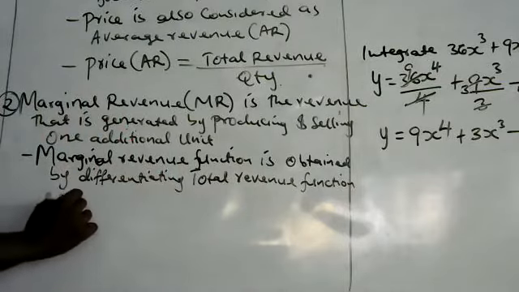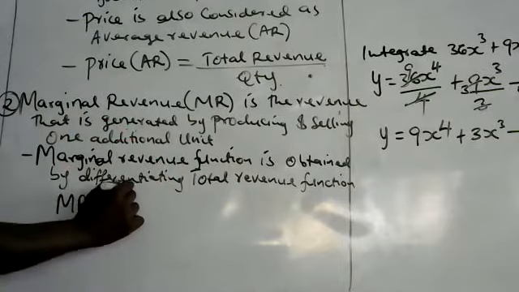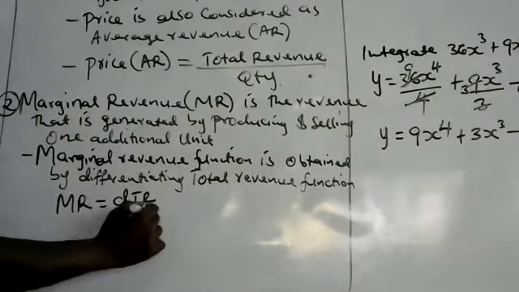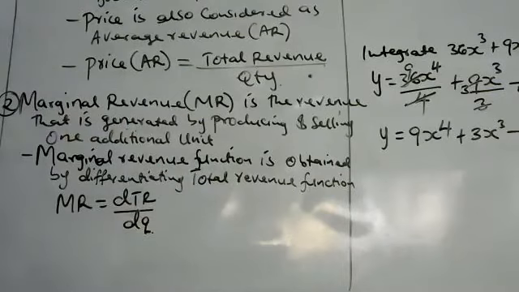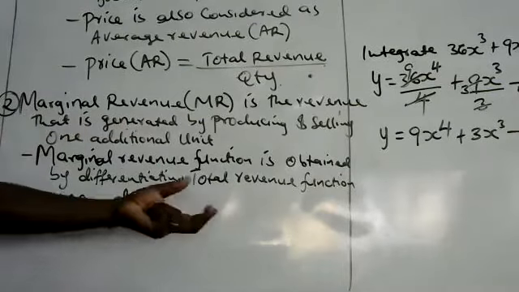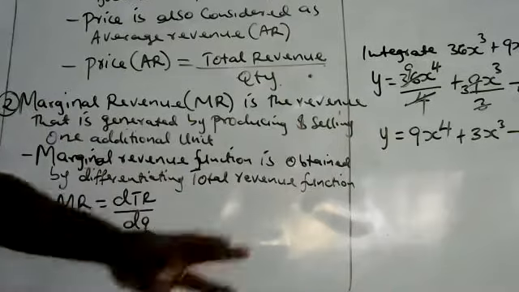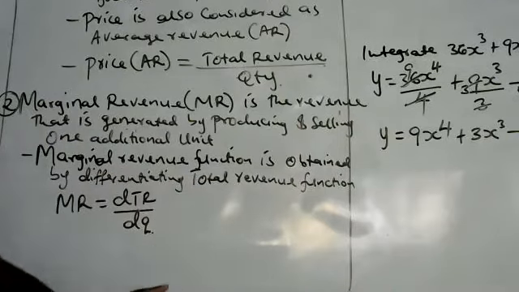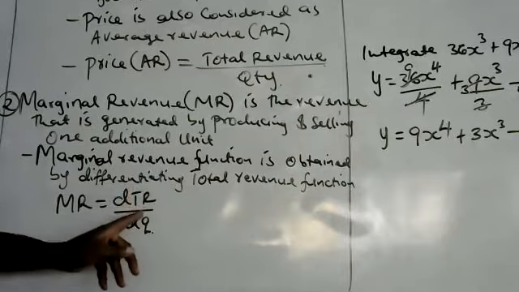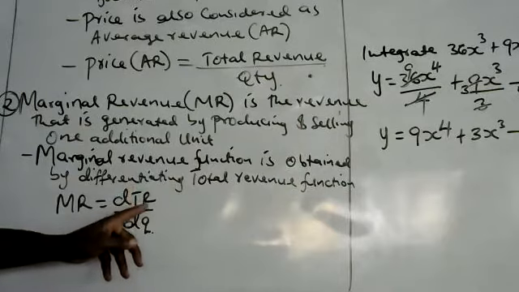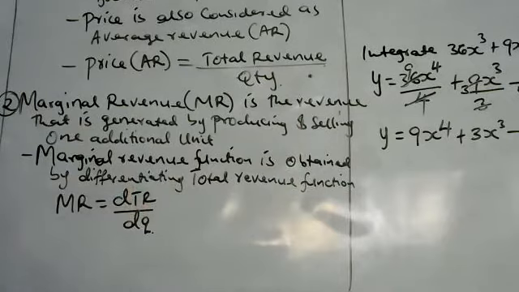So MR is equal to change in total revenue over change in Q. Remember there we were saying dy over dx. In this case, because we shall be talking about total revenue being equal to something and Q being the unit, it is the same as now. Instead of dy, we have TR: change in TR over change in Q.